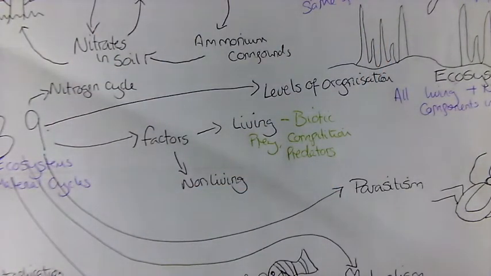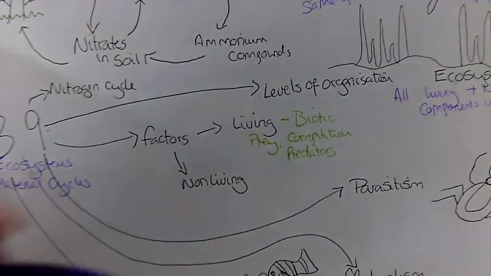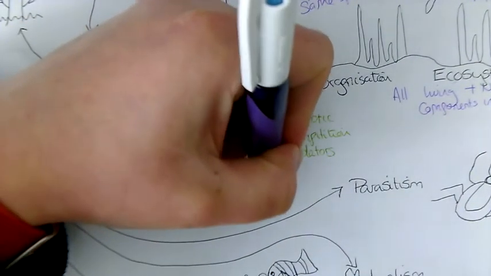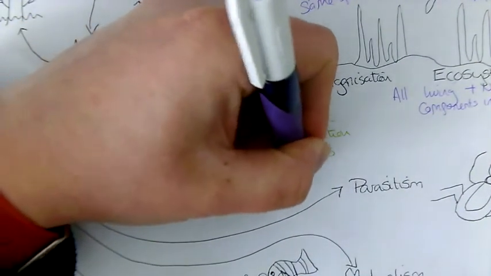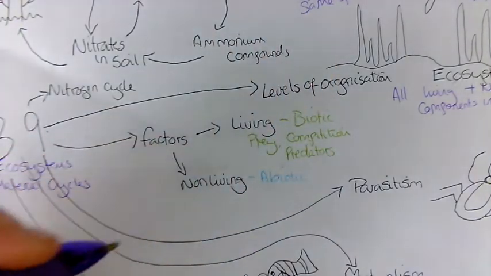Non-living things are known as abiotic factors. So there's just an A in front of it.